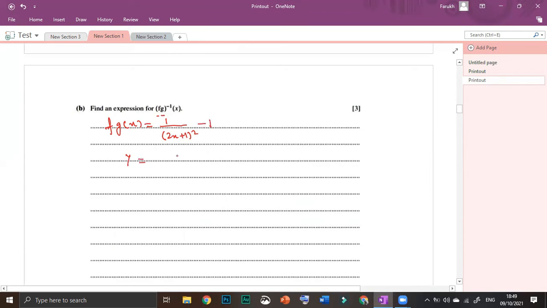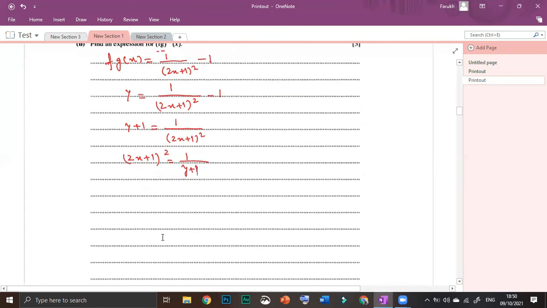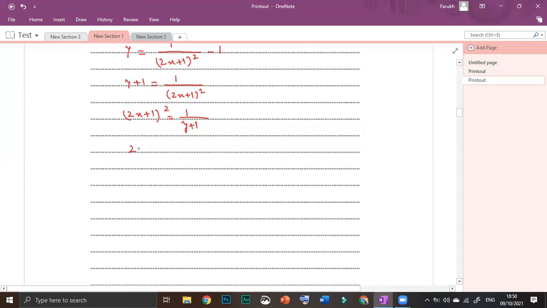We will write down y is equal to 1 over 2x plus 1 whole square minus 1. y plus 1 is equal to, now we will make x the subject of the equation, 2x plus 1 whole square is equal to 1 over y plus 1. 2x plus 1 is equal to 1 over y plus 1.